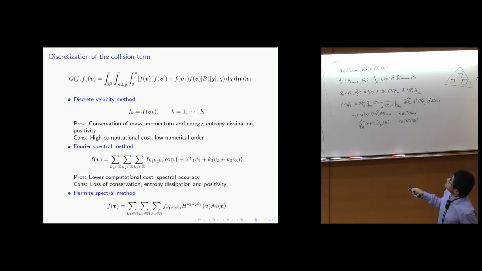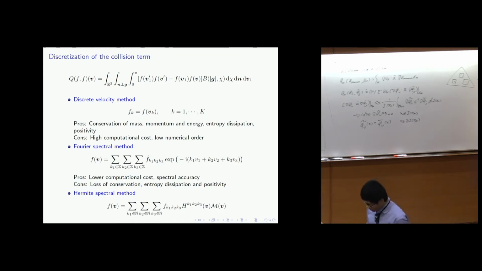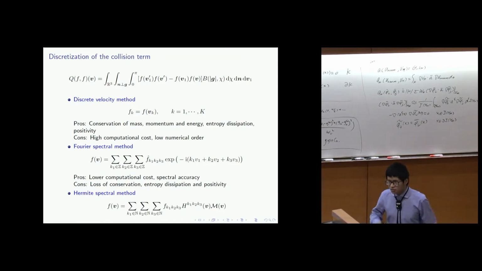Okay? After doing this, you can try to find the properties of this discrete velocity method. And what I want to say is that this method throws away a lot of collisions. You have a grid. You say that particles can only take these velocities. Then if two particles collide, it will generate two new velocities. But these two new velocities may not lie on the grid points of this velocity space.